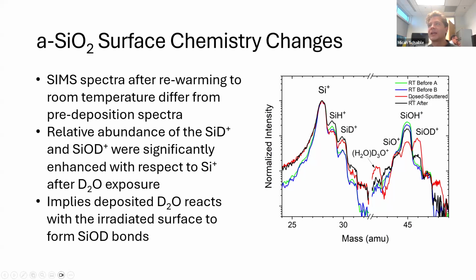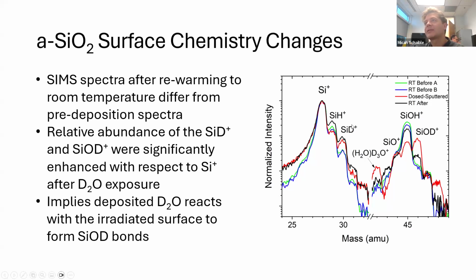I went ahead and included again the dosed sputtered spectra for the cooled sample, and then the room temperature spectra after depositing the water and rewarming to room temperature, such that any of that adsorbed molecular water can desorb, and you're left with only that topmost monolayer.